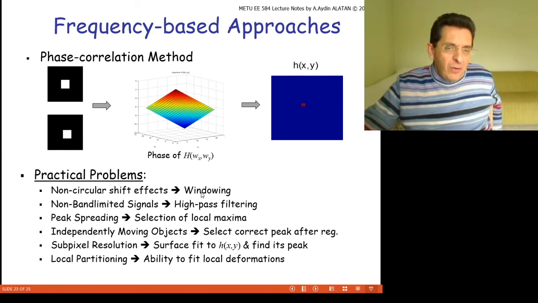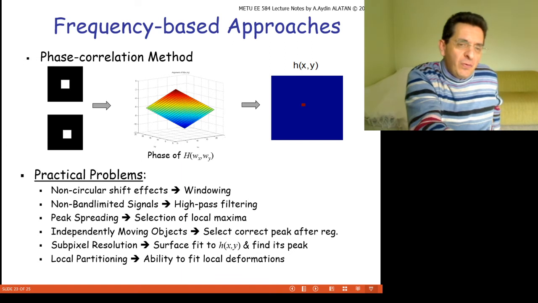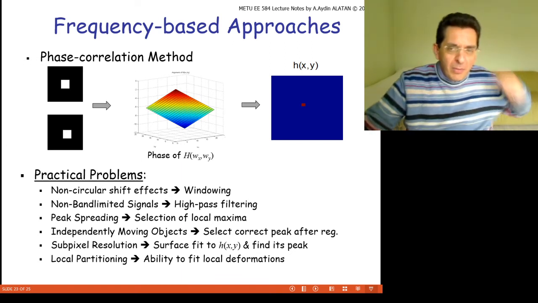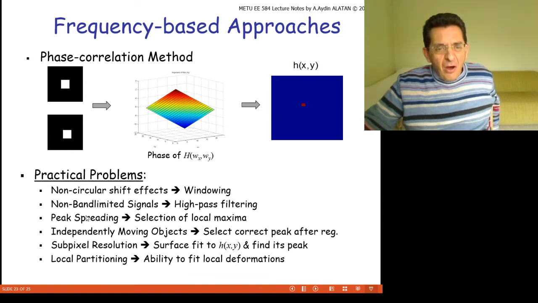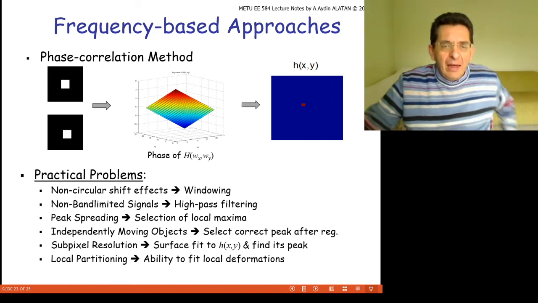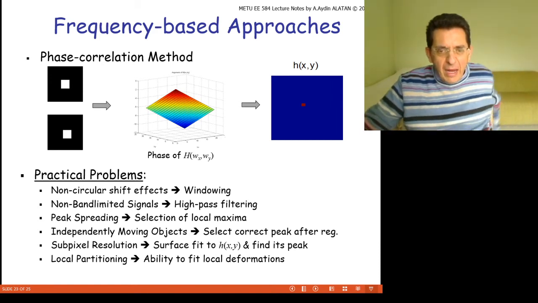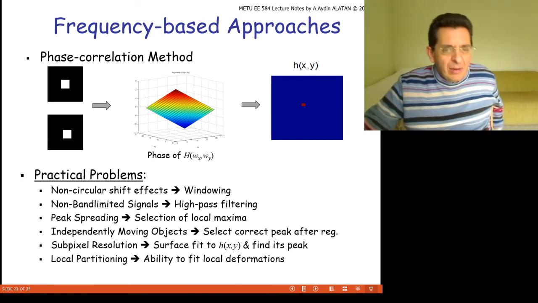If you don't use windowing, if you just simply apply naively such a shift from one side, with some new data coming from the other part, the results will not be very effective. Okay, for non-band limited signals, you have to have some high pass filtering. If you have some peak spreading, therefore not necessarily an impulse, you need, as I said before, a quadratic fit, maybe a local maxima selection.